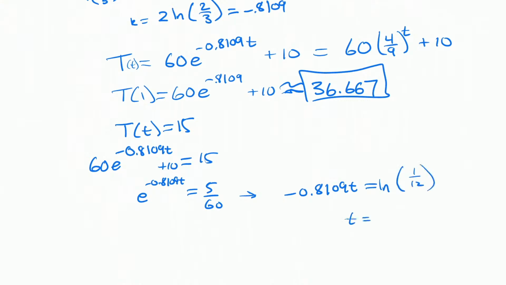Have I got it right so far? So it's going to be the natural log of 1/12 divided by negative 0.8109. Let's see what we get. And that gives me 3.06. Good enough. 3.06 minutes. All right.